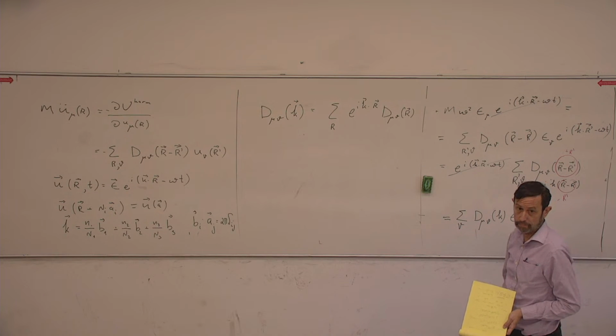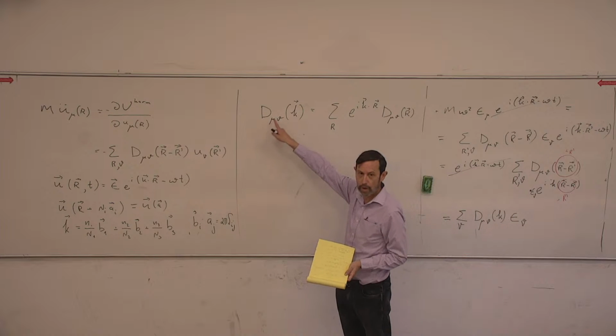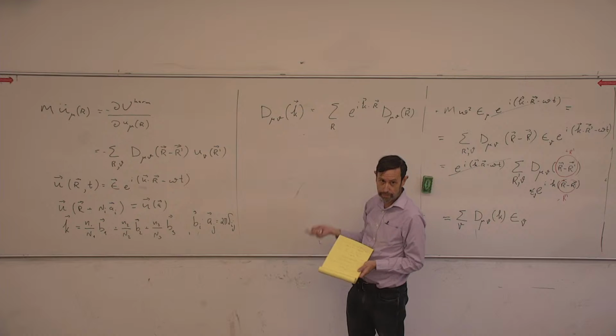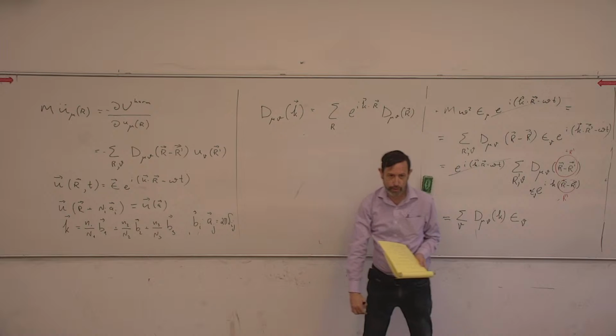Meaning, choose x, y, take the xy component and perform the Fourier transform. xz, xx, whatever you feel like.